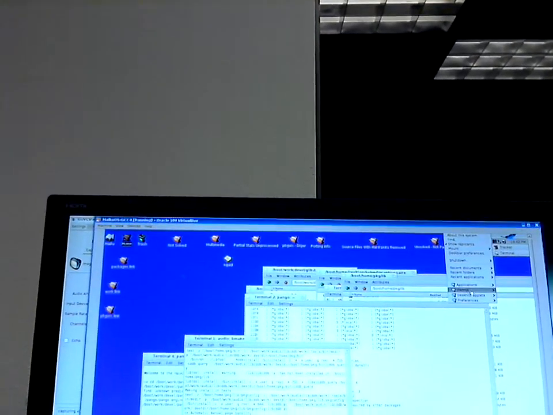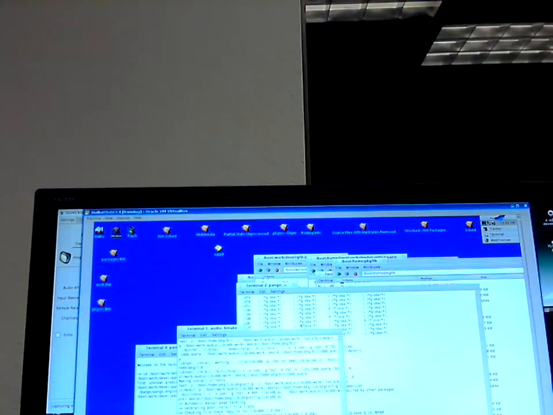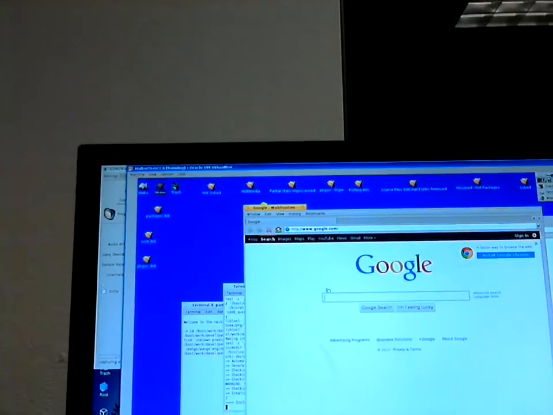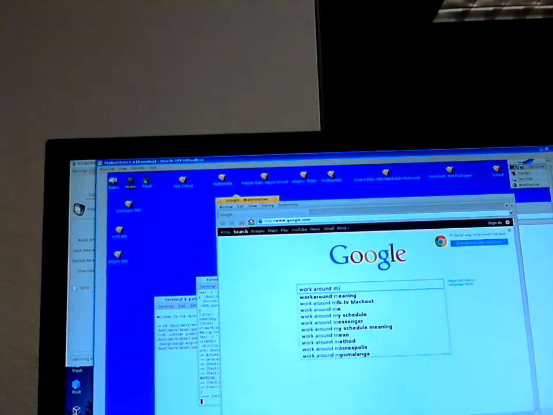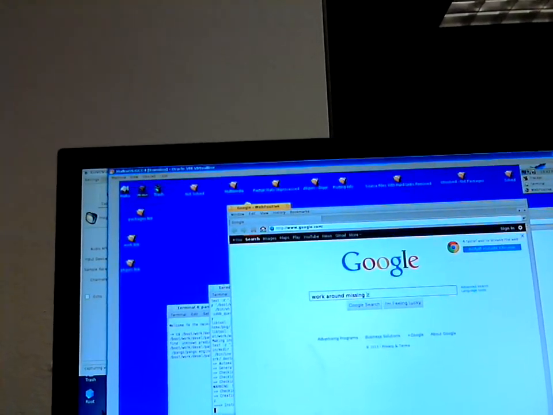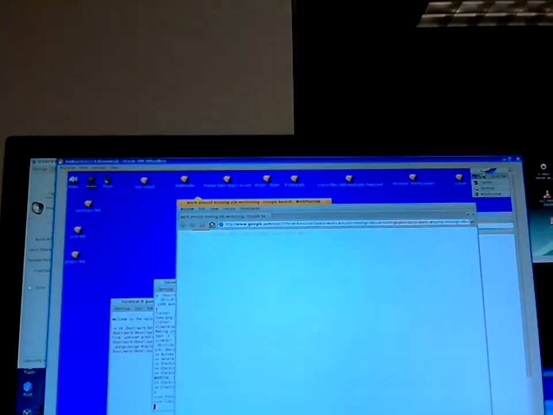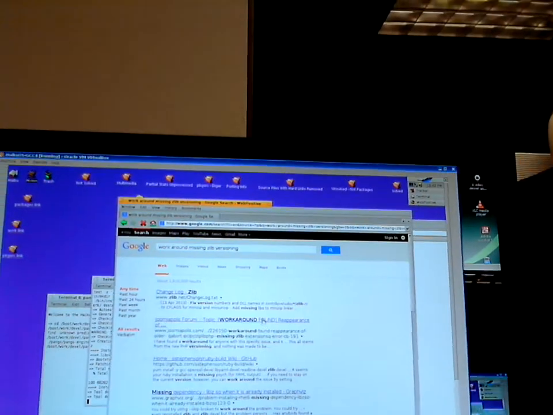I don't know, how do you work around that? I wonder if there's a way to work around missing versioning symbols. Workaround found.